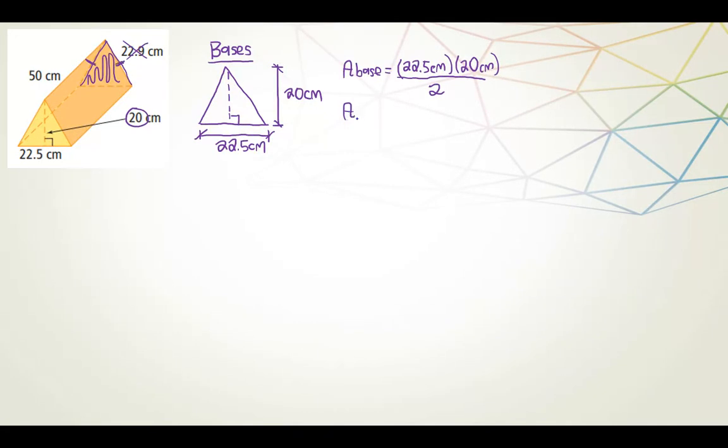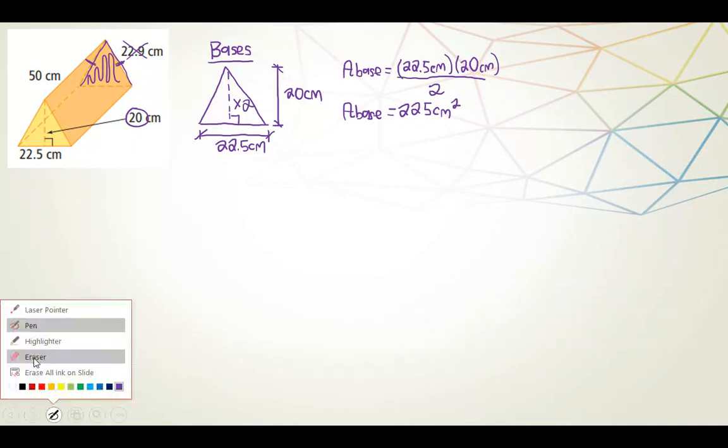So the area of one of the bases is going to be, well, 20 divided by 2 is 10, and then 10 times 22.5 should be 225 square centimeters. And this repeats twice, so I'll write down multiplication by 2. You've got 2 of these bases. Okay, let's clean this up.